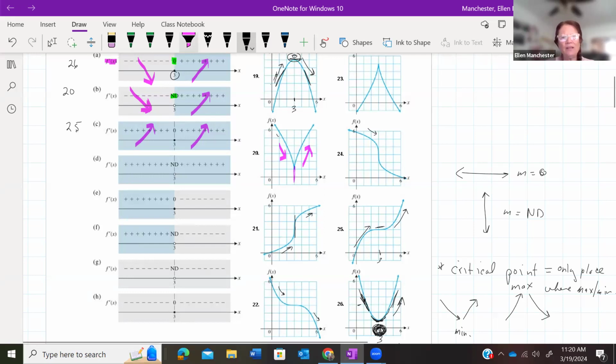All right. So D, same thing. We're increasing our slope, but in the middle, at that critical point, we have a vertical line. So which one of these do you think is going to be that?